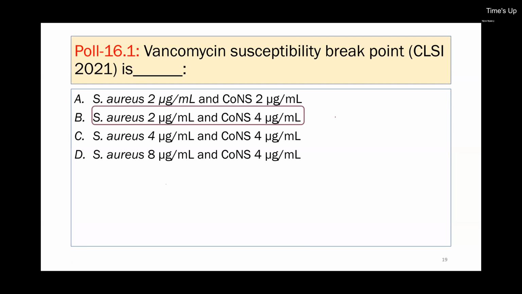The purpose of this is to have this idea that Staph aureus and CoNS have variable susceptibility breakpoints for vancomycin. So this is the main idea. They don't share a common breakpoint. They have a variable breakpoint, where CoNS has a higher breakpoint than Staphylococcus aureus.